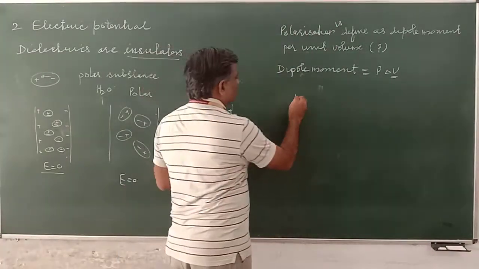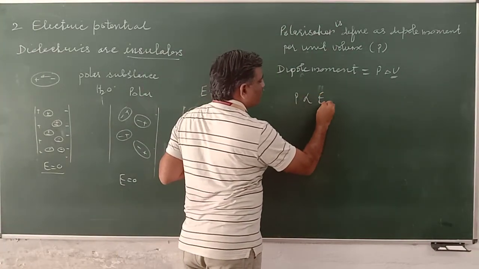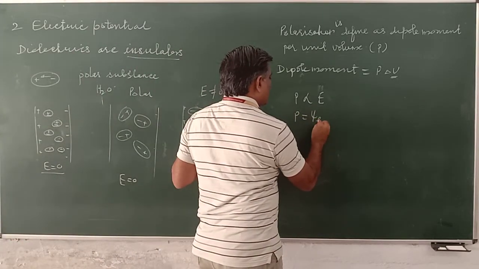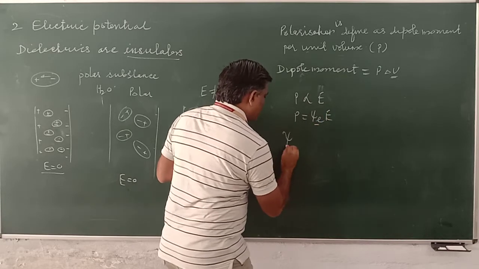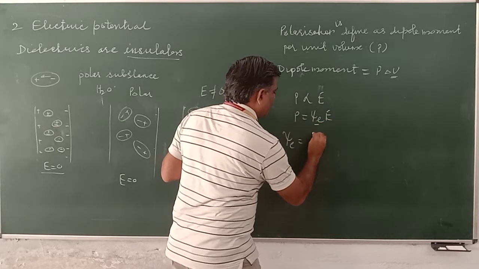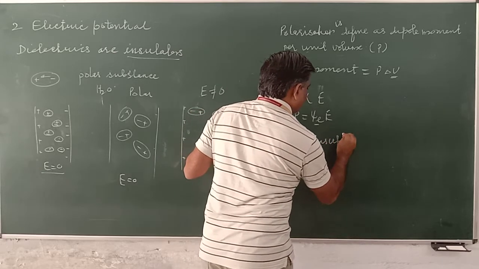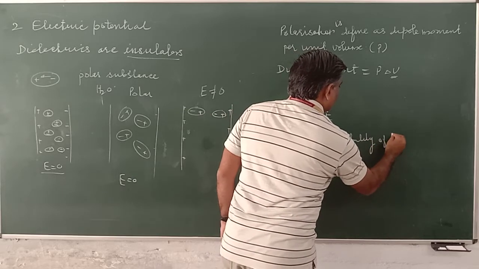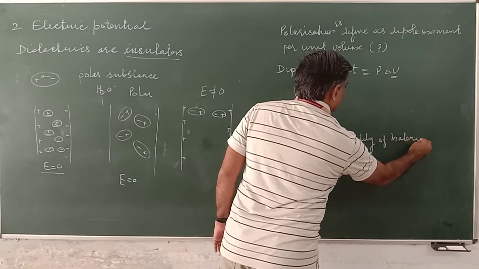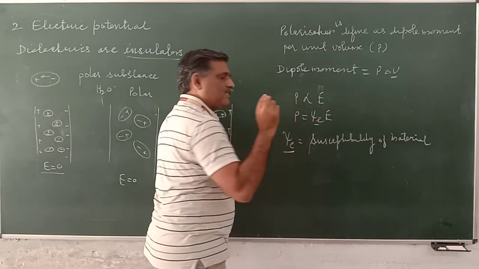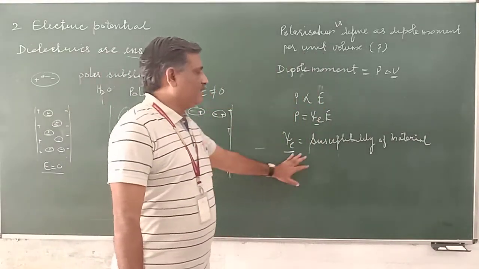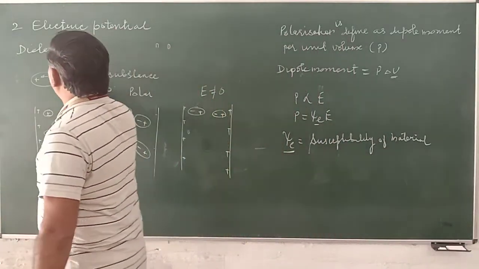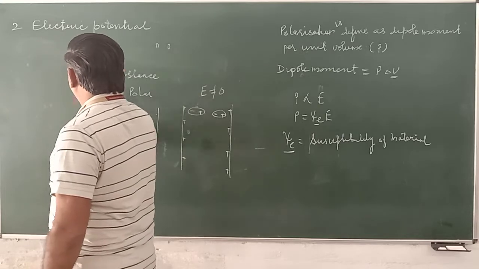This polarization is directly proportional to the applied electric field, P is equal to Xi E. This Xi is called the susceptibility of the material. Now we are defining one more thing, which is called linear isotropic dielectric.